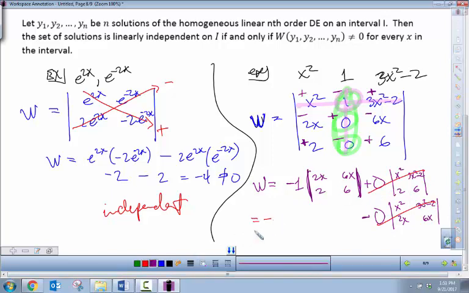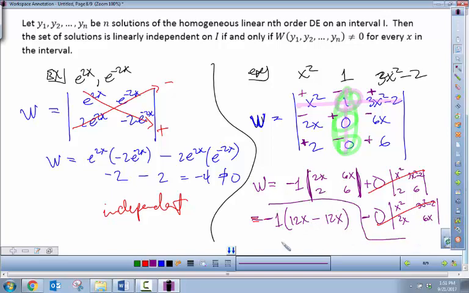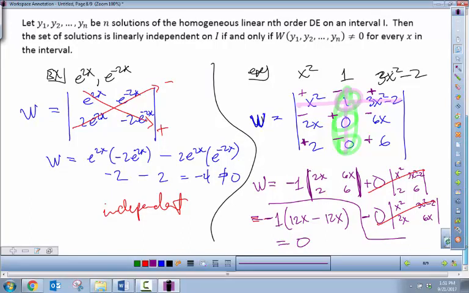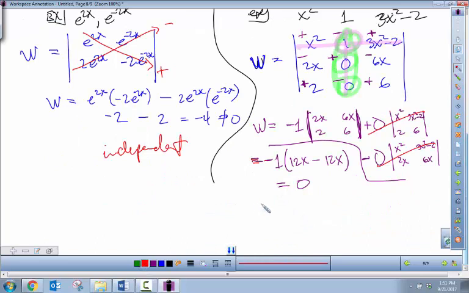I have a negative 1 times, and then the diagonals minus the wings, so it's 2 times 6, 2x times 6. Hey, that's equal to 0. So these three functions put together are not independent, they're dependent, because your Wronskian is equal to 0 on any interval.